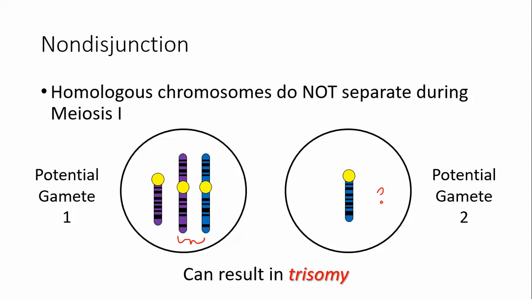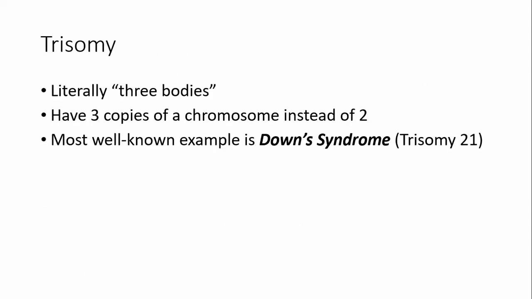And depending on what gamete is fertilized or fertilizes another gamete, this could result in something called trisomy. Trisomy literally means 3 bodies. And this is when you have 3 copies of a chromosome instead of 2.